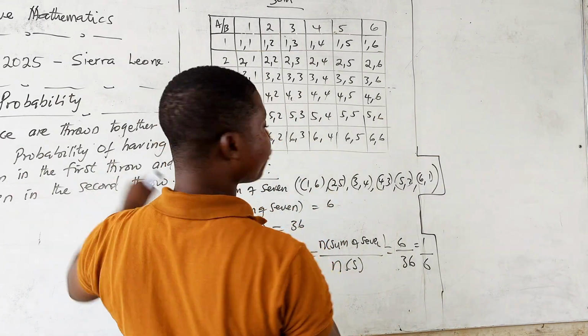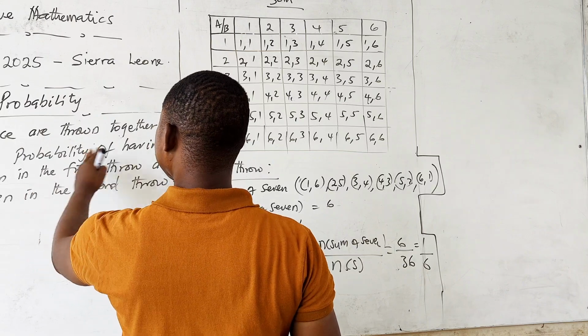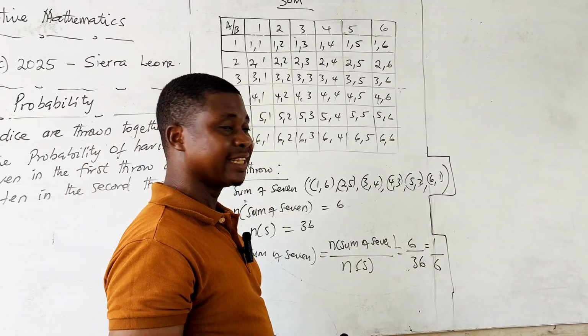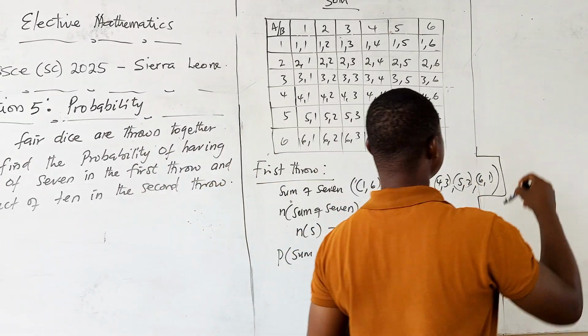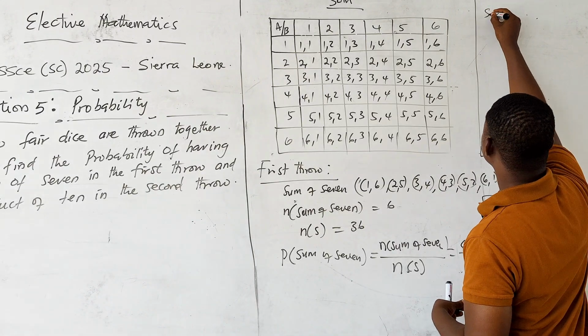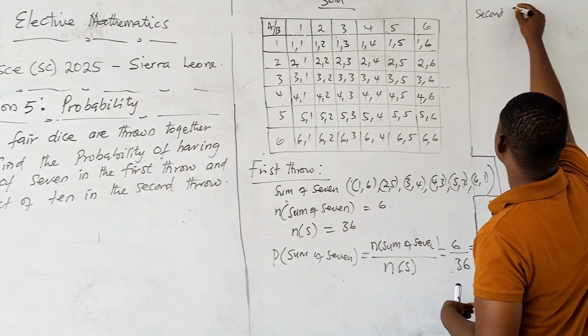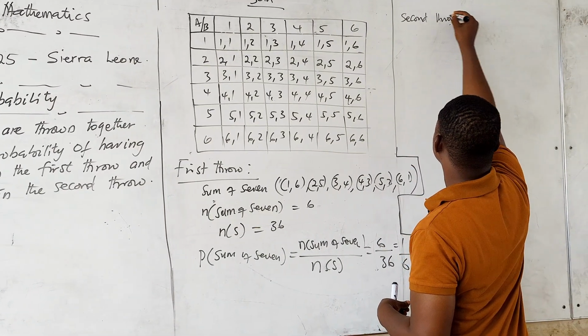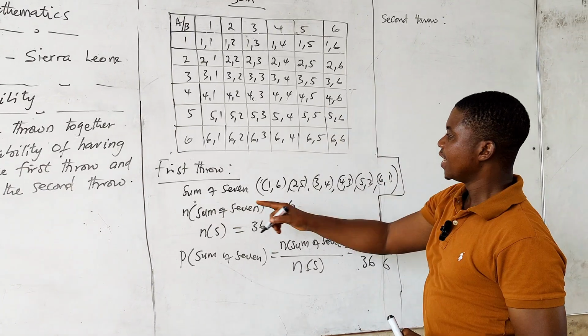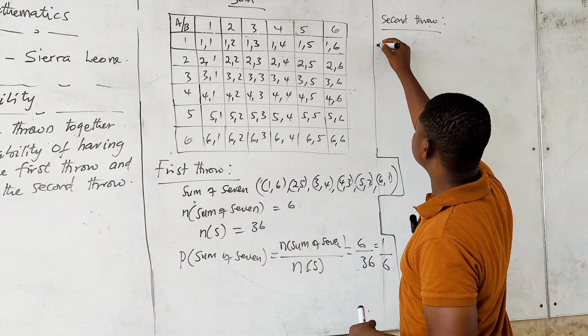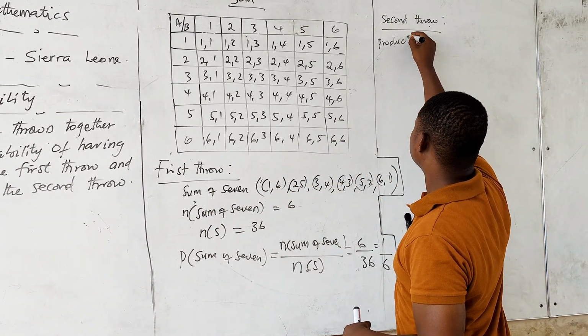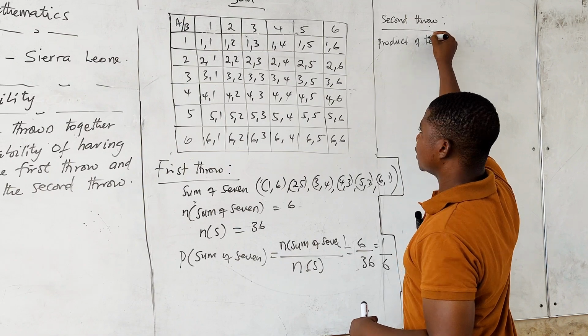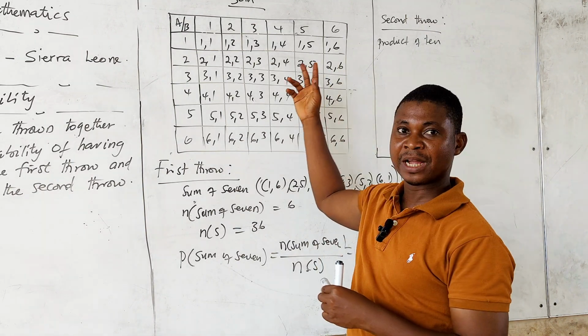Now when we read further, it says, and a product of 10 in the second row. So let's look at the second row. In the second row, which of them do you multiply to get 10?